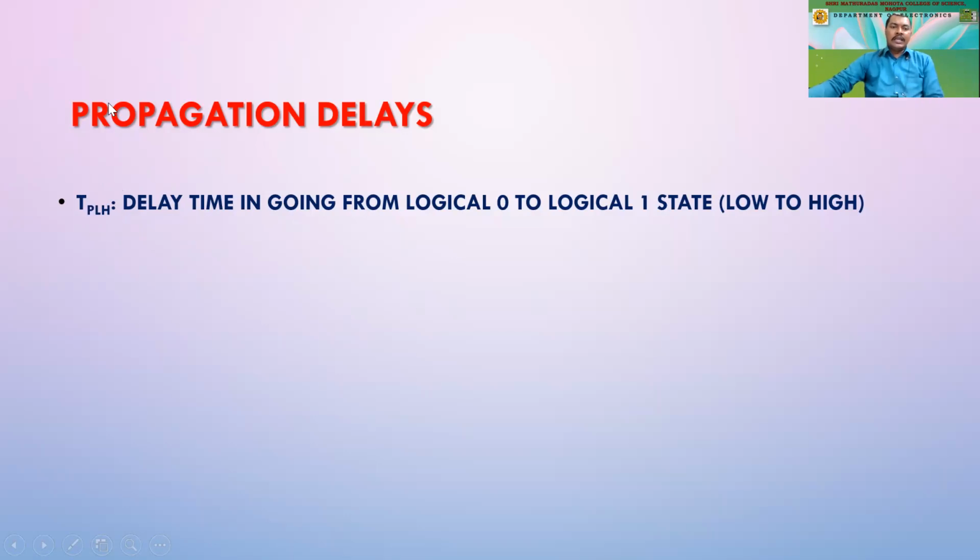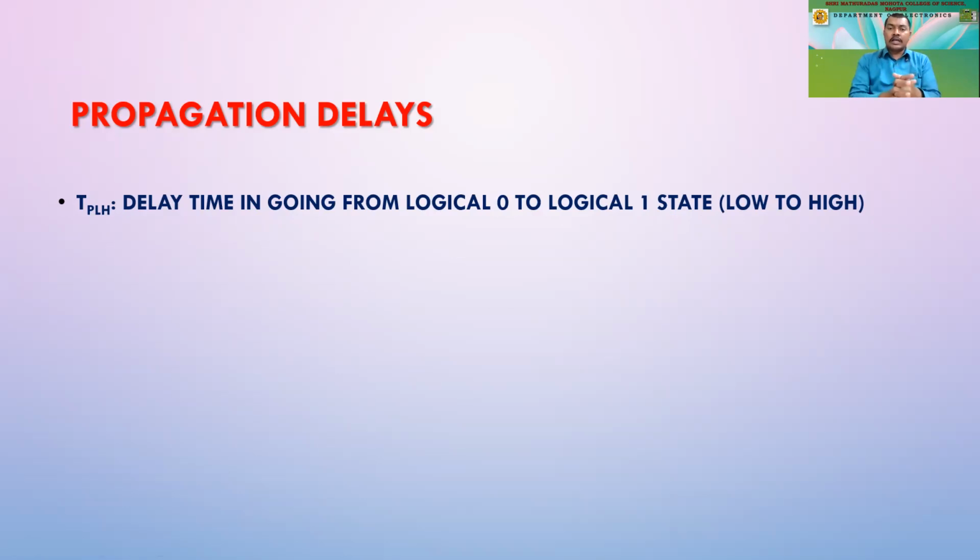TPLH is the delay in going from logical 0 to logical 1 state, that is from low to high. TP means the propagation delay, the time required for that, and LH means from low to high. So that is the time delay, or delay lag, which is going from logic 0 to 1, which is switching from 0 to 1.